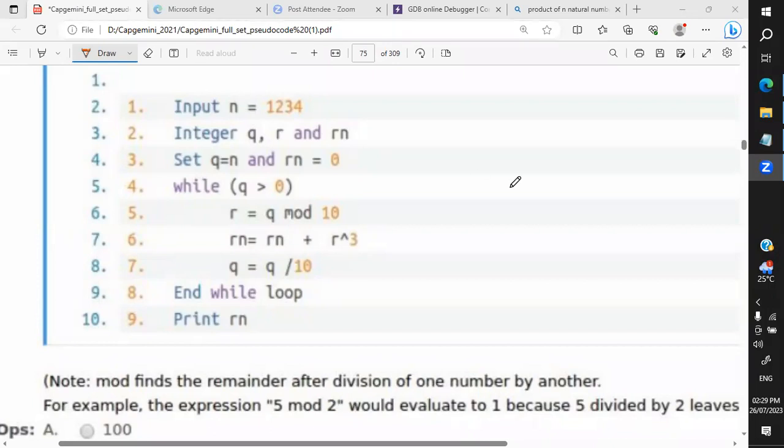What happened? Got the answer or not? 4, 3, 2, 1. Are you sure? It's not reverse. Observe that.